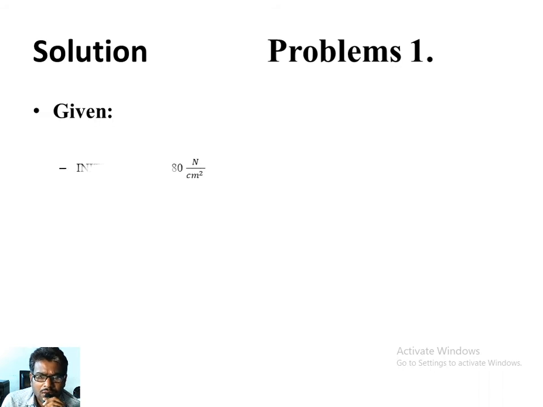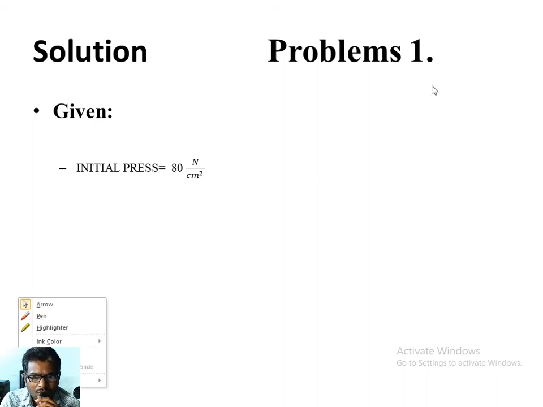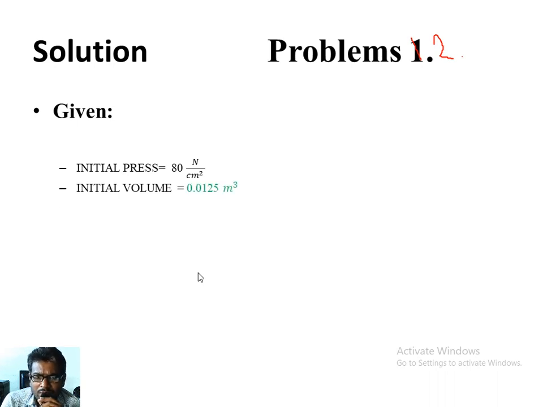Given, we have initial pressure 80 Newton per centimeter square, initial volume 0.0125 meter cube, final pressure 150 Newton per centimeter square, and final volume 0.0124 meter cube.